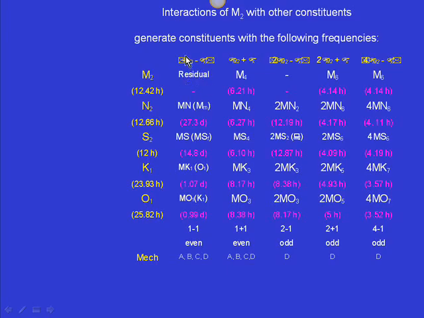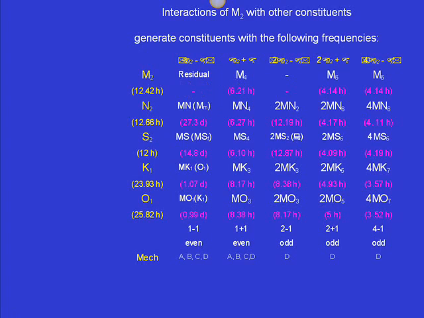What it says up here is sigma sub 2, referring to the M2 tide, minus the frequency of whatever harmonic appears on this column. Again, we're looking at the M2 interacting with itself. It produces a residual and an M4.